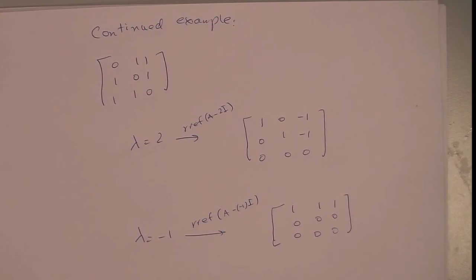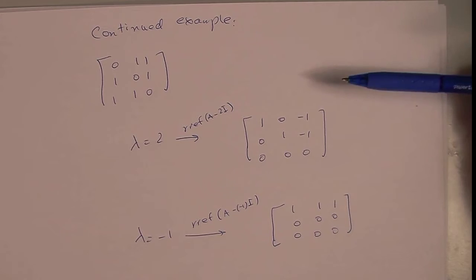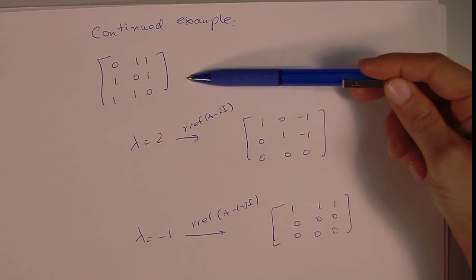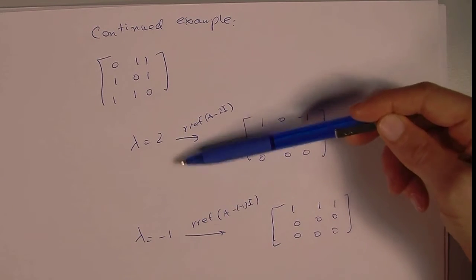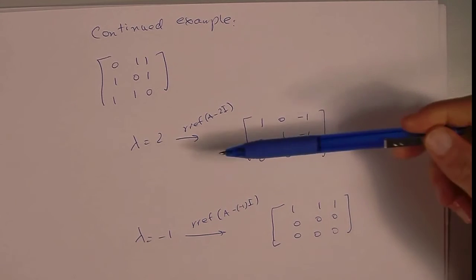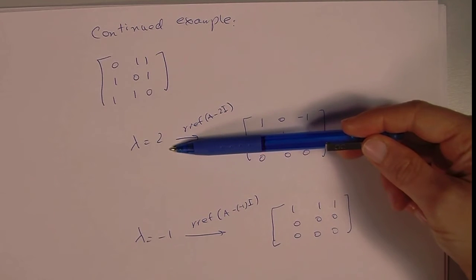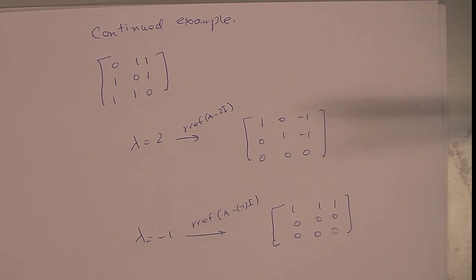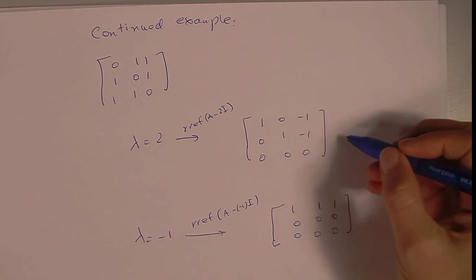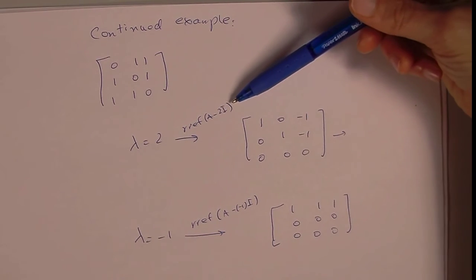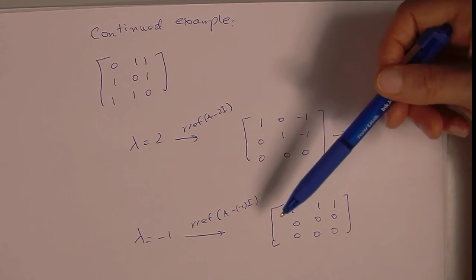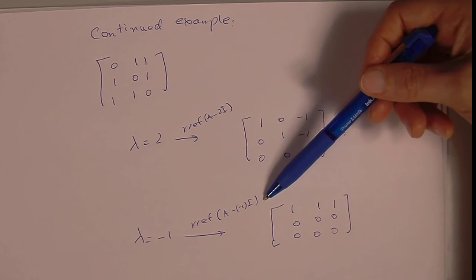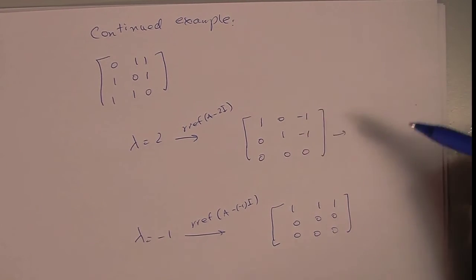Continuing the example that we started with our calculator, this was the matrix. We found two eigenvalues, the first of multiplicity 1, the second of multiplicity 2. Now we found the reduced row echelon form of A minus 2I and of A minus (-1)I.